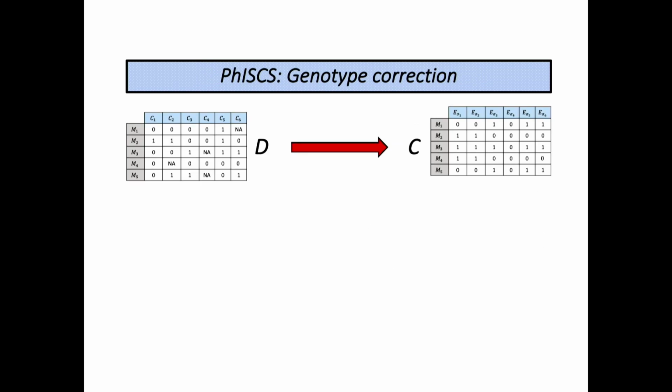So that can be summarized as follows. In order to have a single topology that underlies a certain mutational matrix, I have to satisfy a very, very simple rule.